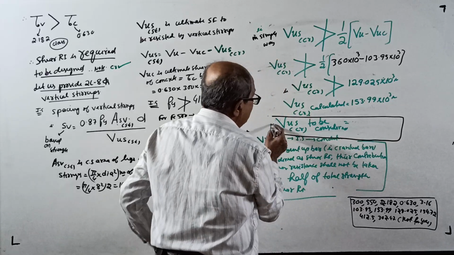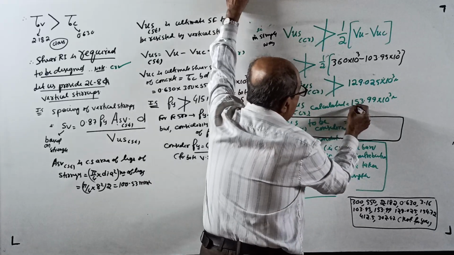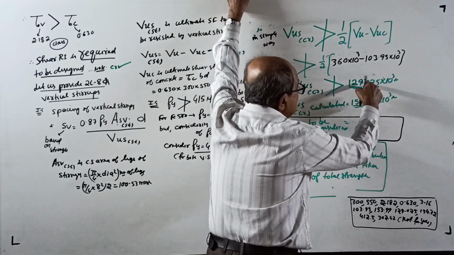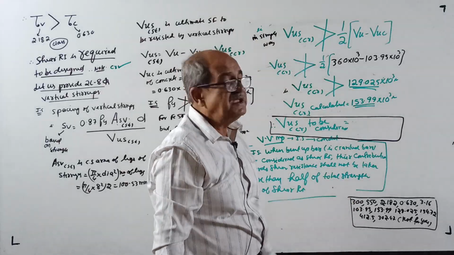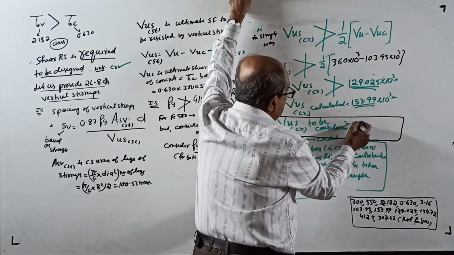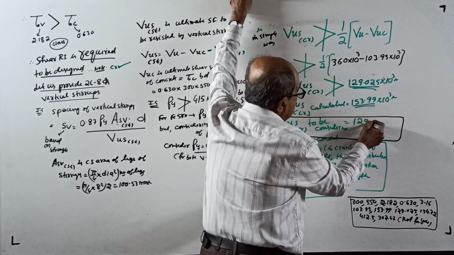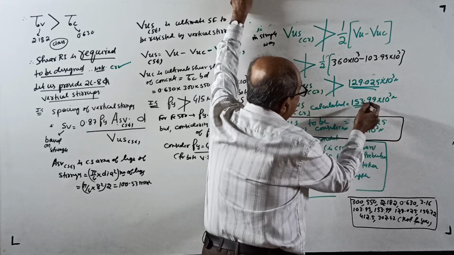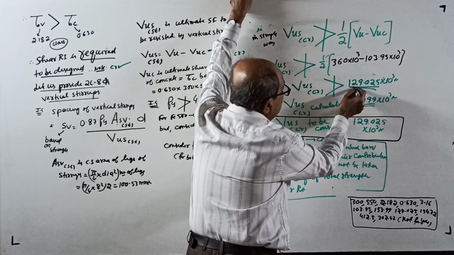See the calculated value, see the maximum limit. Among these two, take whichever is least. Least is 129.025 10 to the power 3 Newton, because you should not take more than this value.